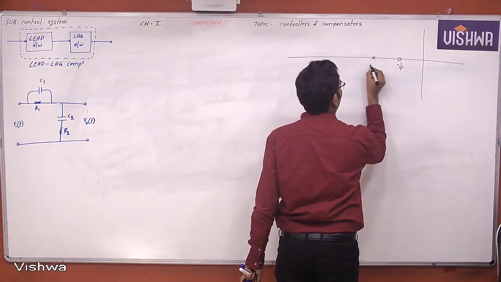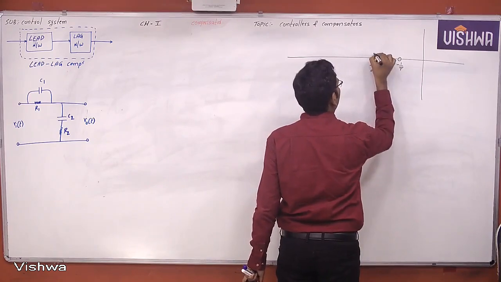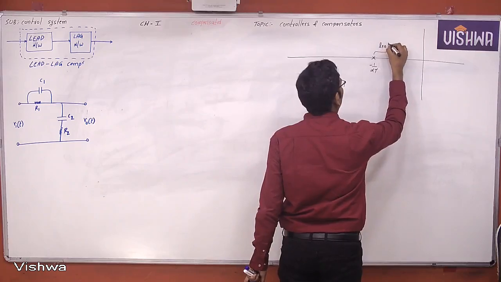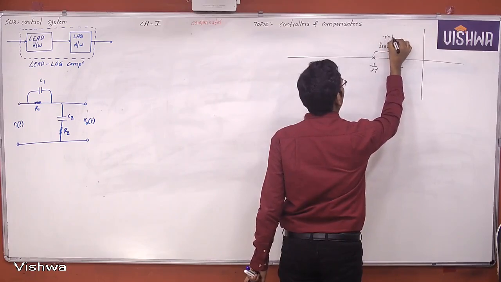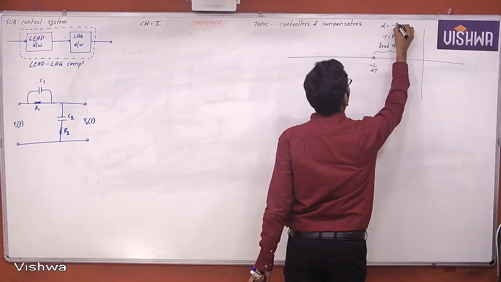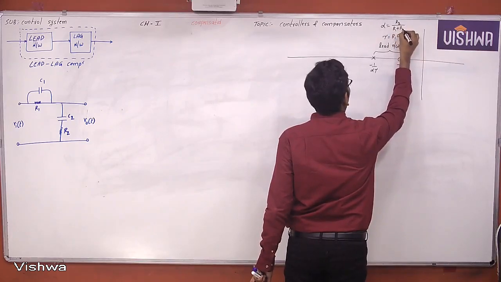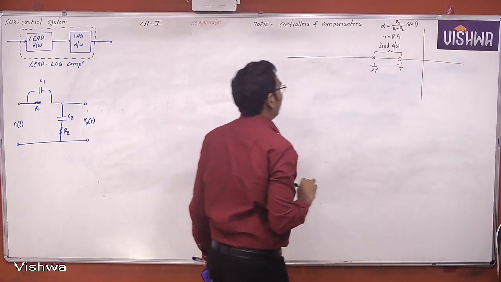Its time constant is R1 C1, and alpha is equal to R2 by R1 plus R2, where alpha is less than 1.